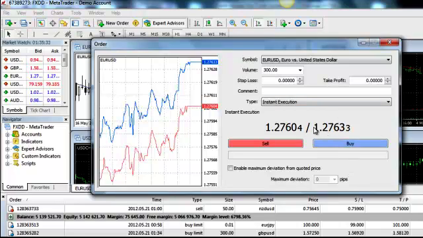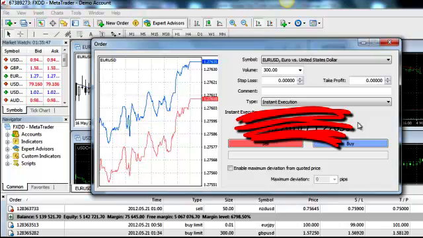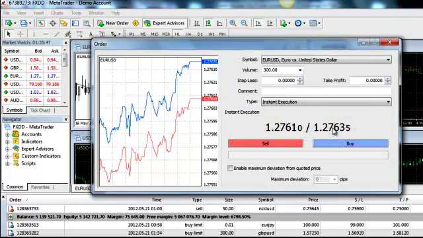Now if you got in here and it says buy at 1.2790 and our profit target's 1.2796 and the price is already... I'm sorry, I'm getting the numbers mixed up. Let's say I told you to buy at 1.2790.